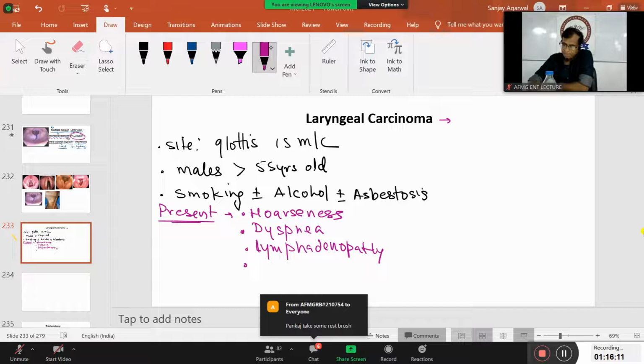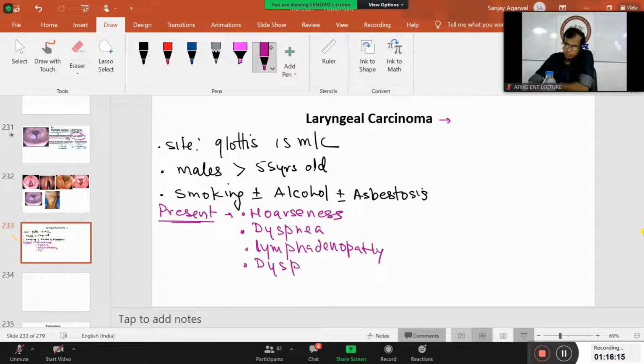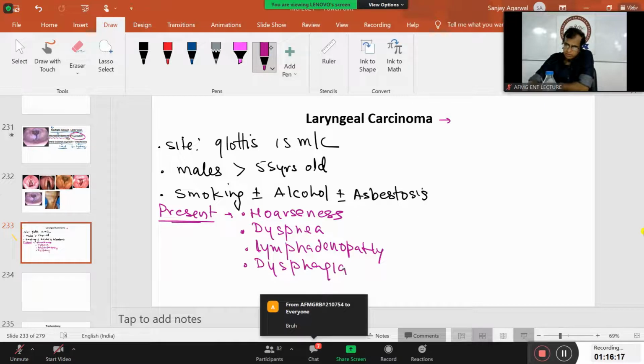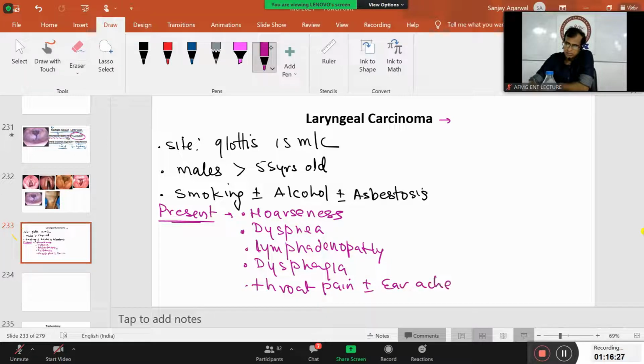Dysphagia, which is difficulty in swallowing. Throat pain. Plus minus earache. So these are some of the presentations of laryngeal carcinoma. The first two are more important than any other. Hoarseness, anything in the larynx can cause hoarseness most of the time.